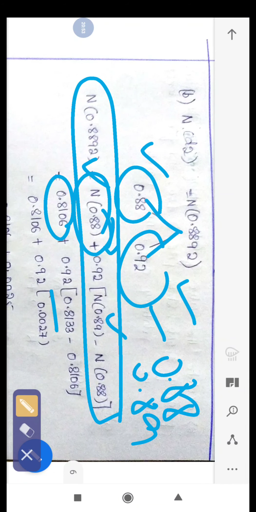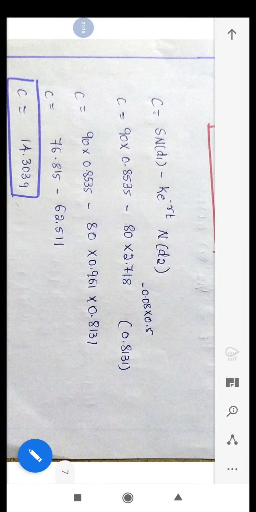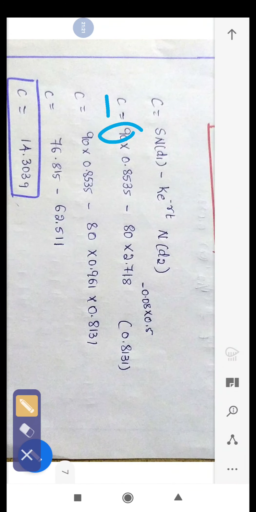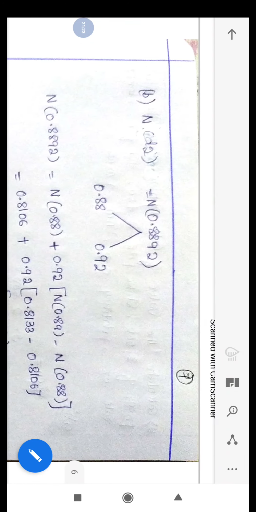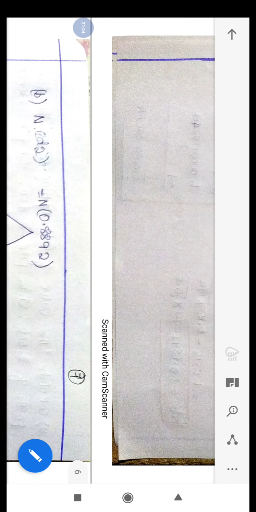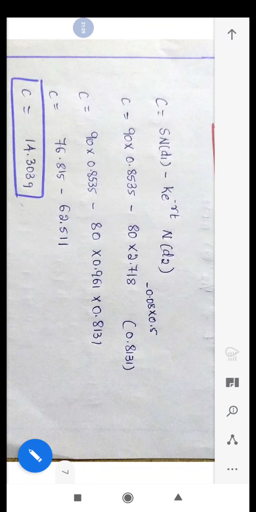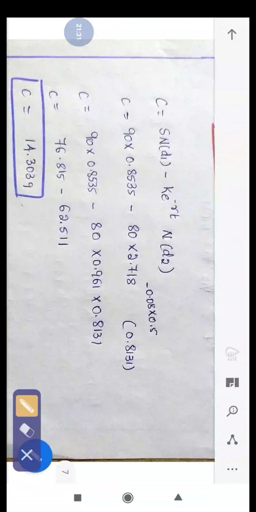Now we have to go to the final equation, that is C equals S. S is 90, N(d1) is 0.8535, minus K, here meaning the strike price, 80, into e, the exponential, to the power of minus RT, minus 0.08 into 0.5.